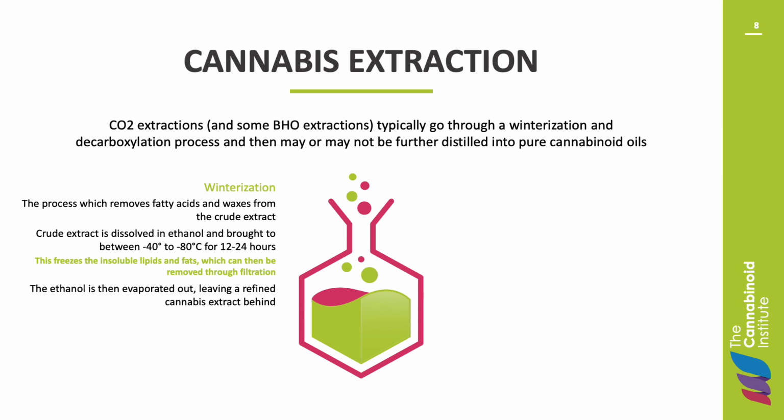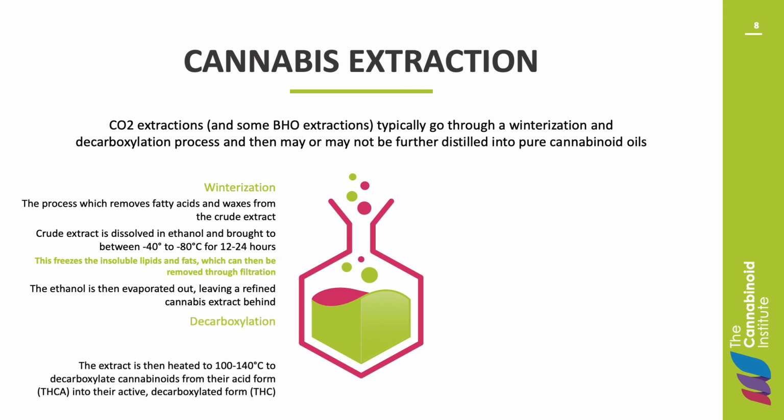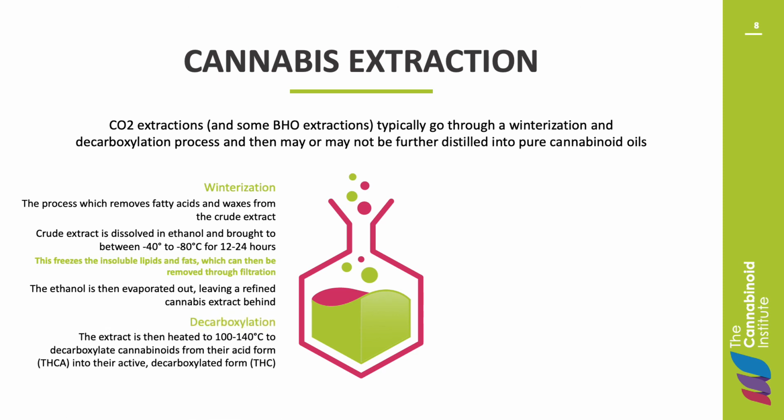The extract is then heated to 100 to 140 degrees Celsius to decarboxylate cannabinoids from their acid form into their active decarboxylated form, which can be absorbed by the human body. Finally, the cannabis can then be exposed to heat and a vacuum to boil the cannabinoids, which then condense and collect in a more purified form.